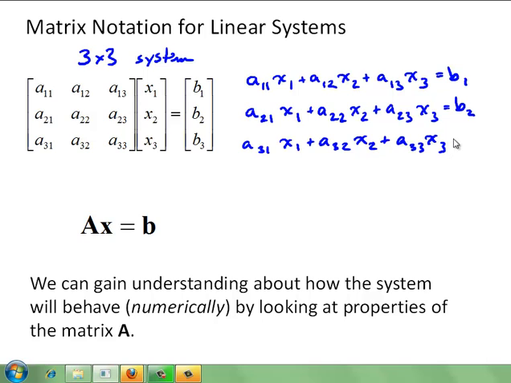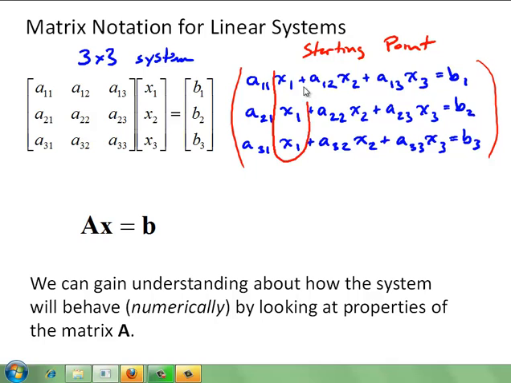So in general, the first thing that you want to do to write a linear system in matrix notation, we're usually starting from this point and just organize the equations such that the coefficients for each variable are lined up as they are here. There's the x1 coefficients, the x2 coefficients, and the x3 coefficients.